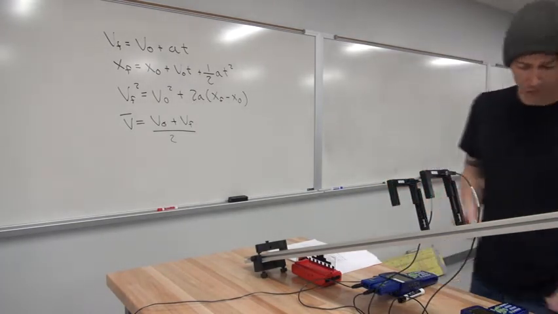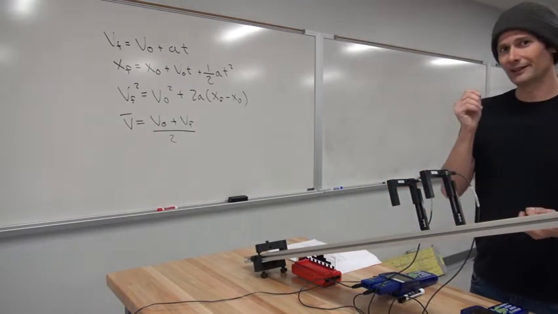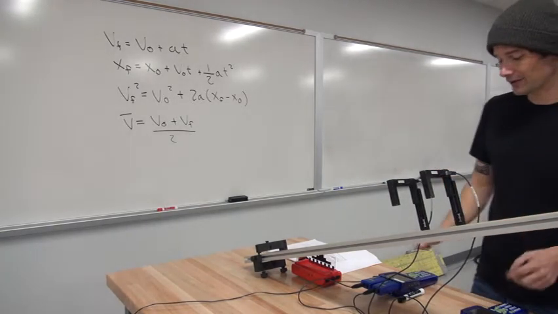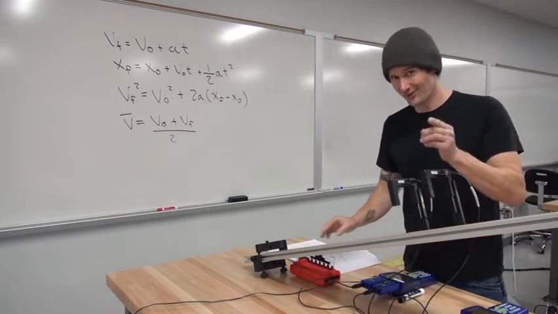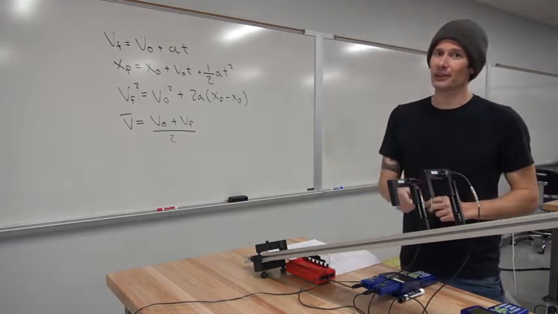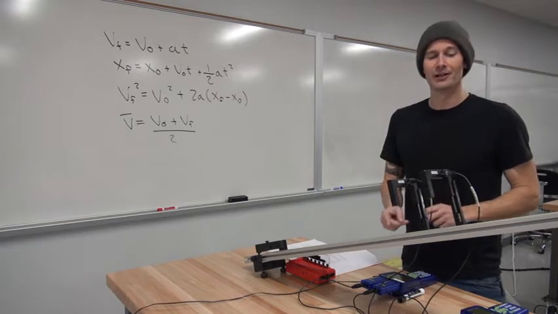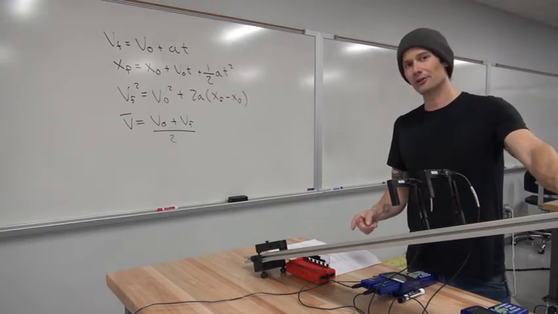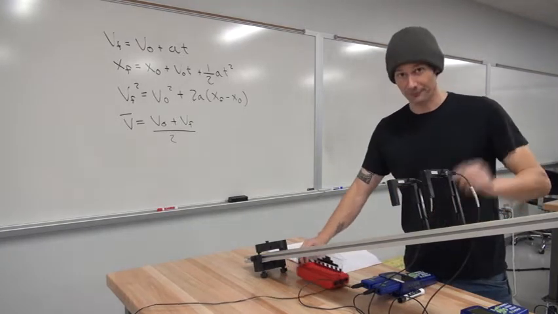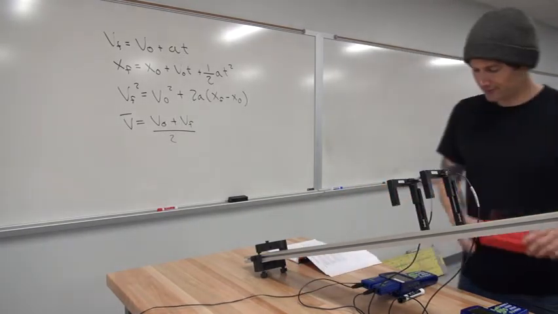So, let's see if we can calculate that constant acceleration. Remember that the constant acceleration for this cart is due to gravity pulling it down. But we're not going to see 9.8 meters per second squared, because now we have a horizontal travel and not just a free fall.